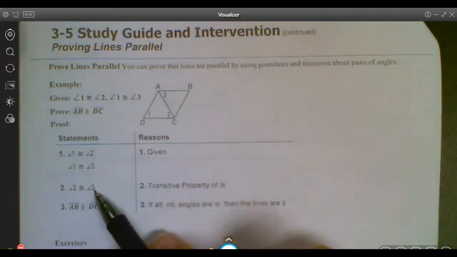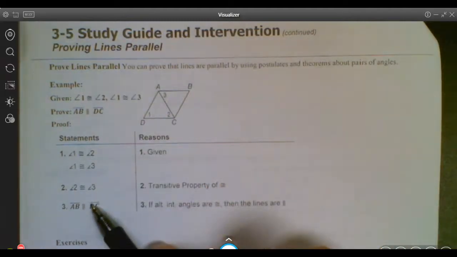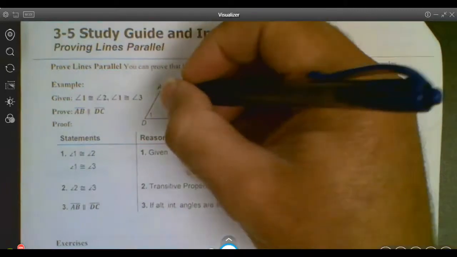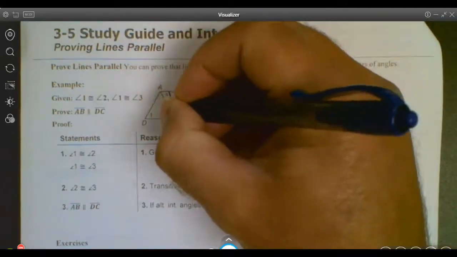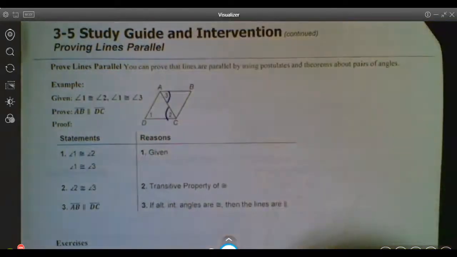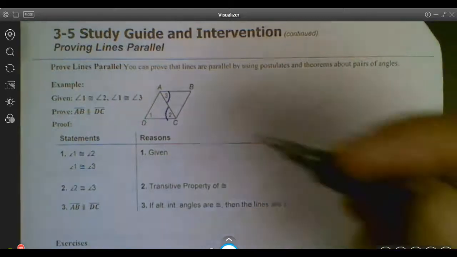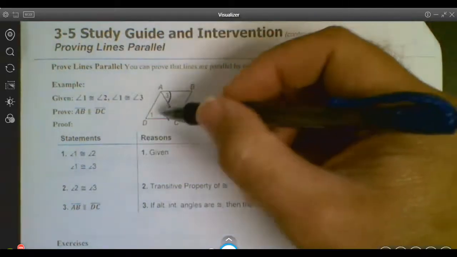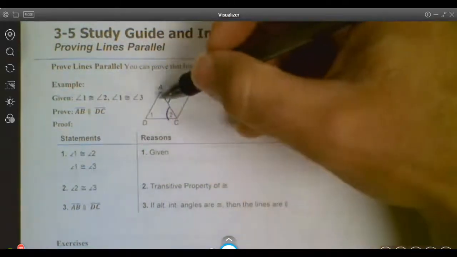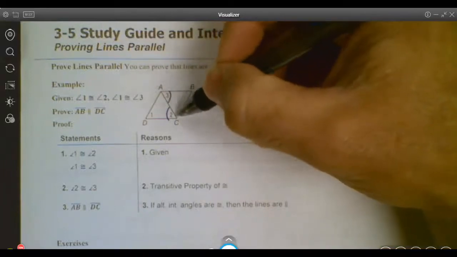So as I look at this from here to here, look at angles 2 and 3. Within that drawing, we want to recognize that those are alternate interior angles, right? They are on the inside of this line and this line, and they're on opposite sides of that transversal right there, right?